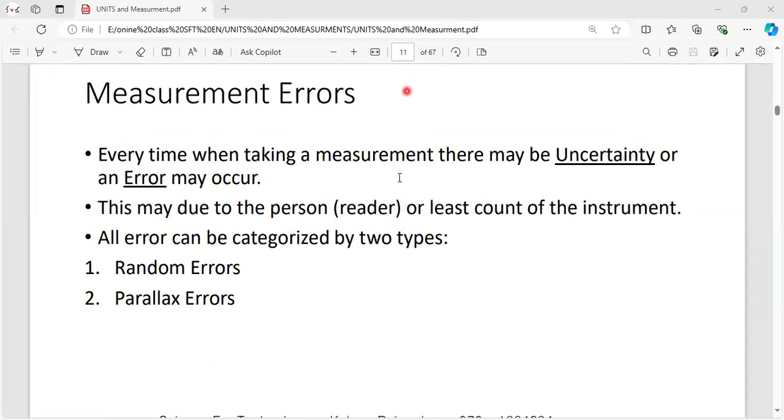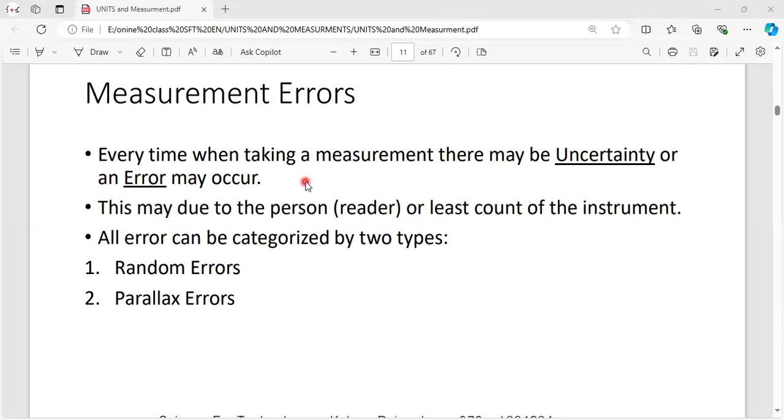When it comes to categorization, measurement errors can be divided into two categories: the random errors and the parallax error. The measurement error is defined as the uncertainty or error that may occur every time we take a measurement.